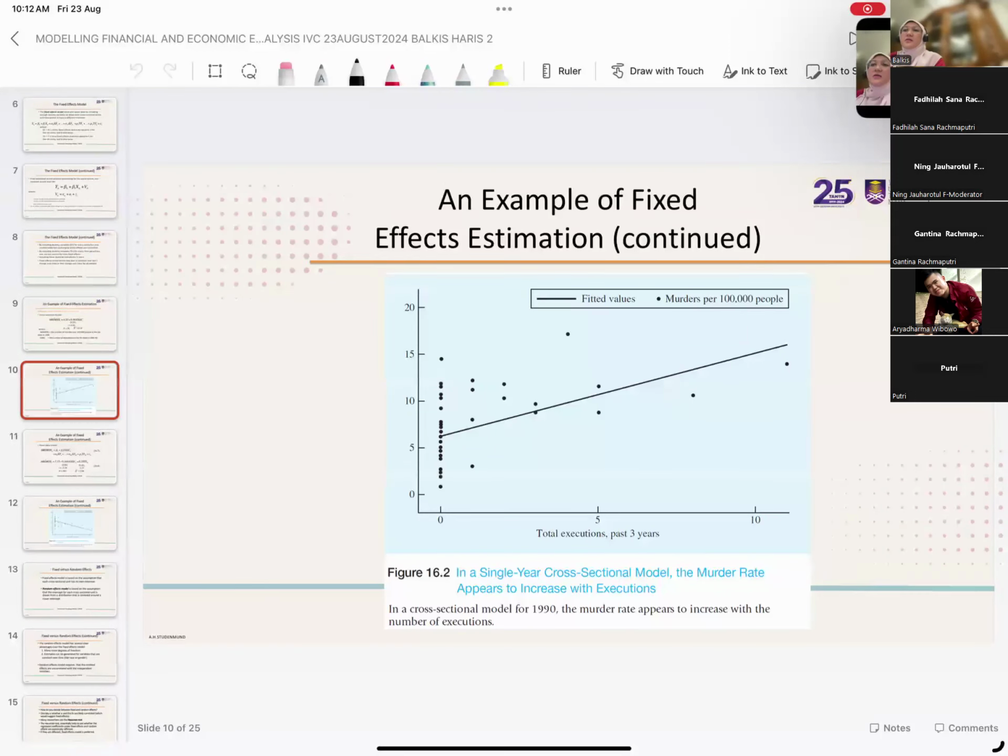So if we look at the graph here, an example of fixed effects, we can see that in the single year cross-sectional model, the murder rate appears to increase with the execution. So this is an example of fixed effect estimation.